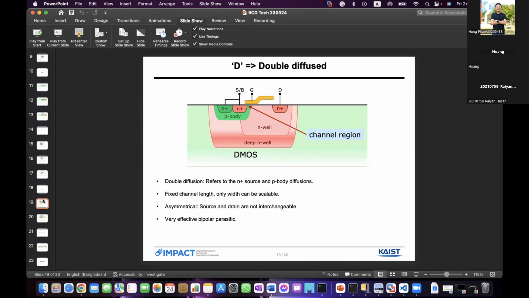You can see that source and body are tied together, but in the normal NMOS they are separate. And the doping of source and drain is also different. Can you see that? And also the way they draw the gate is different.